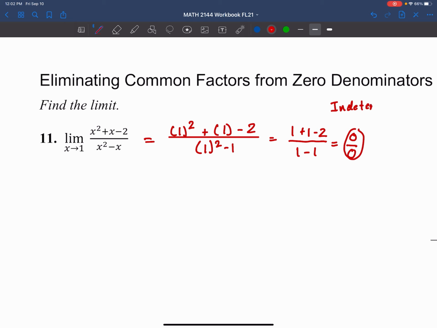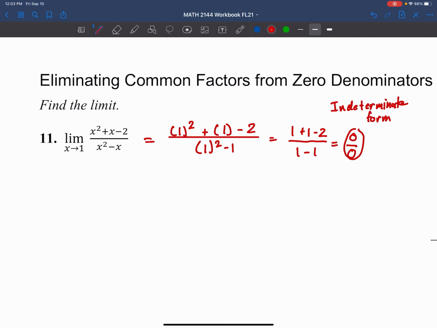So, indeterminate form. 0 over 0 really does not have any sort of representation in terms of the real values in most cases, but we can do various things when we run into this.